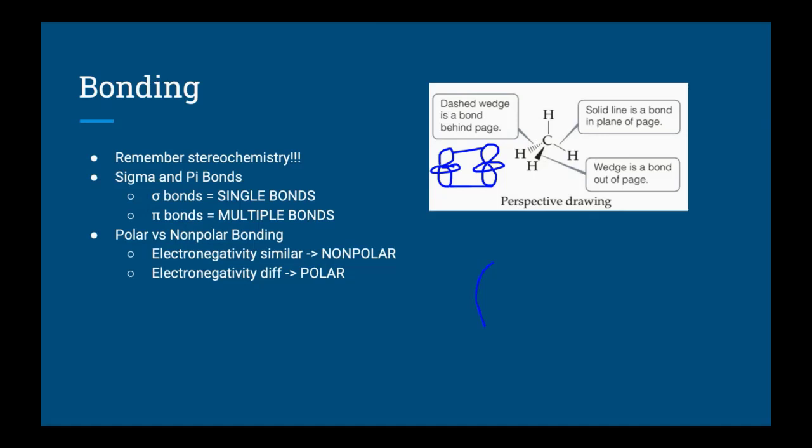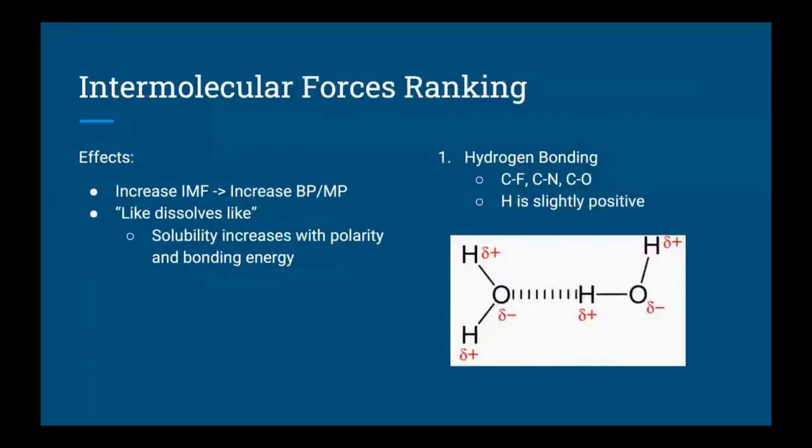Those p orbitals are perpendicular to those bonds, and those help form those additional multiple bonds that I was just talking about. And you'll see why those are important in a moment. Let me just erase.